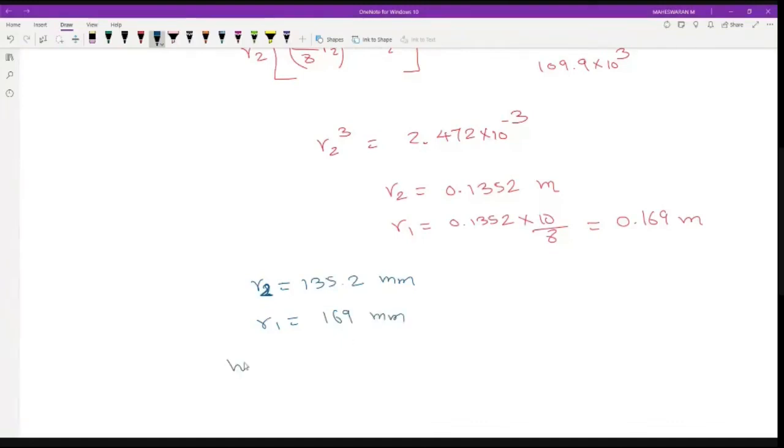What is the width of the plate? The width of the friction plate is subtracting those two, which is R1 minus R2. So what is the value? 33.8 mm. Right, that is your width.